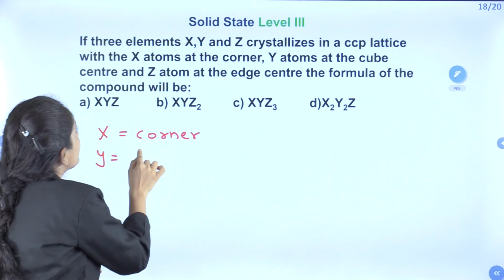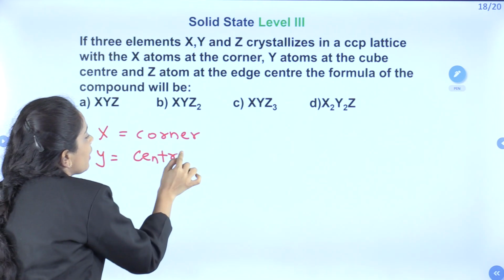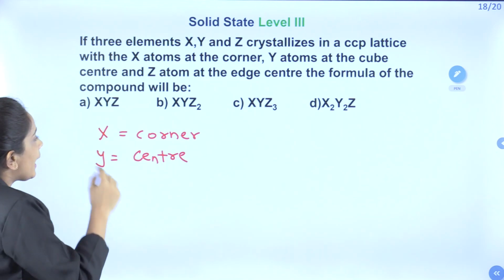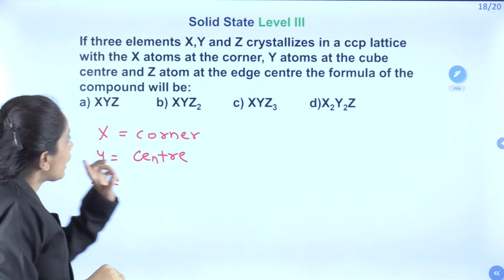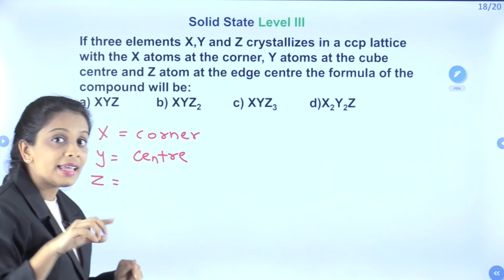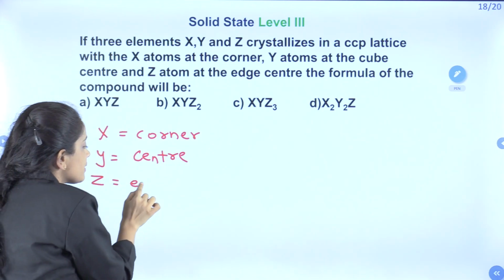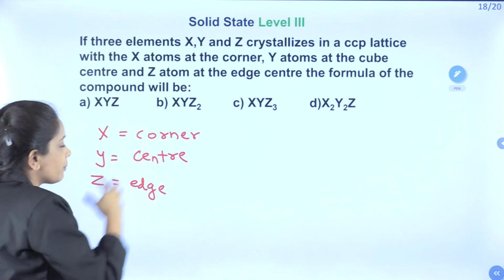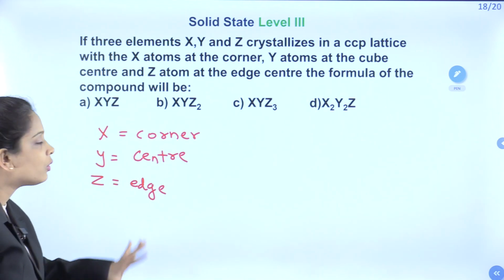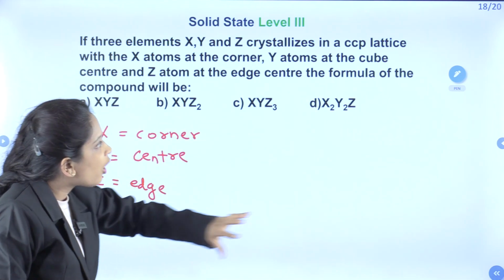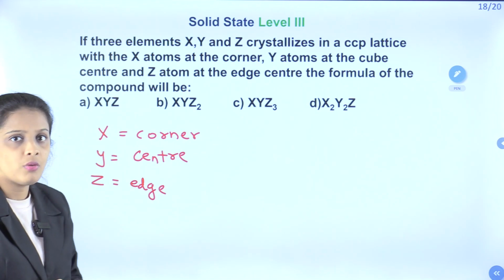So Y is in the center, and Z atom at the edge center, students. So it is present in the edge part, edge center part. I am writing just edge over here right now. The formula they have asked for this compound.